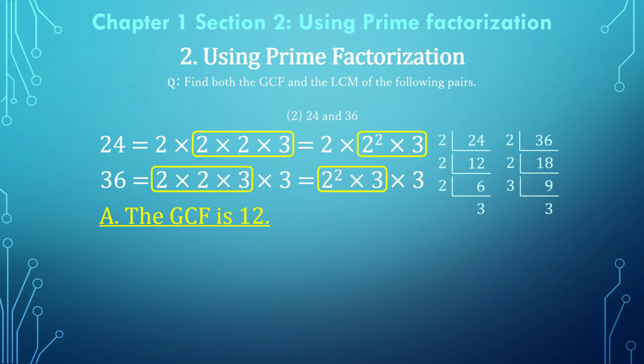Be careful, 2 squared times 3 equals 12 is the GCF, not 2 times 3. You also need to be careful when you try to find missing multiples for the LCM. 72 is the LCM here.